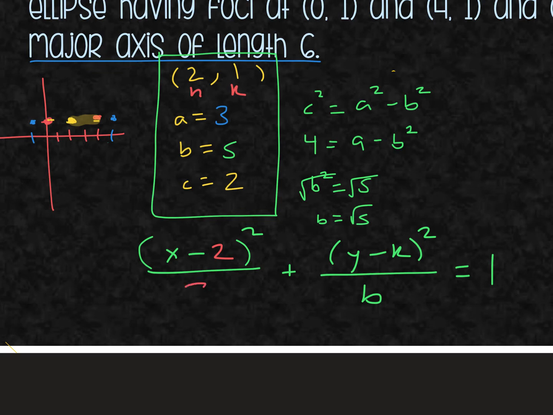Three. Good job. What's our k? Our k is 1, so we have y minus 1. And then what's our b?